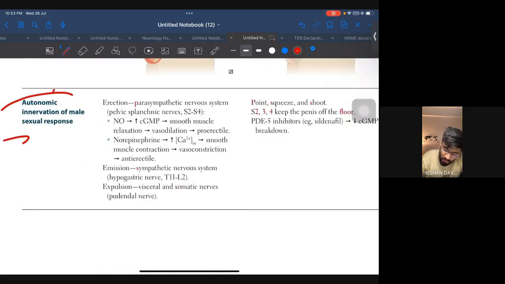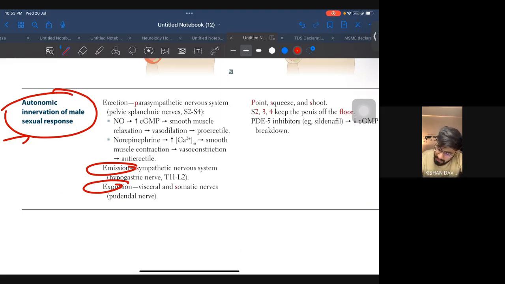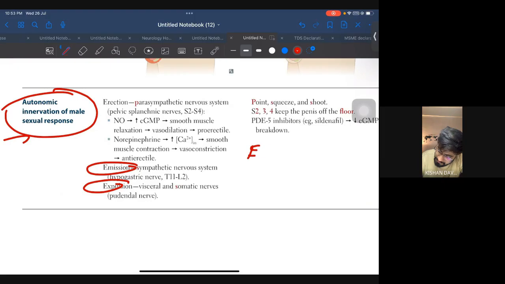Autonomic innervation of male sexual response. Here they will ask you about the emission of sperm and expulsion of sperm, what is responsible. Another thing they will ask is what is responsible for erection. Which system is responsible for erection?